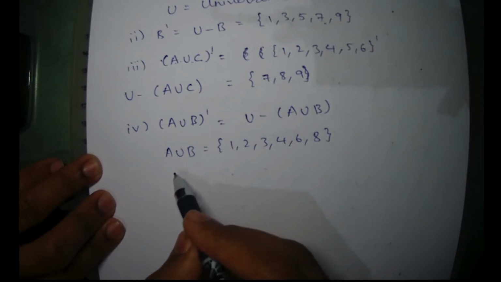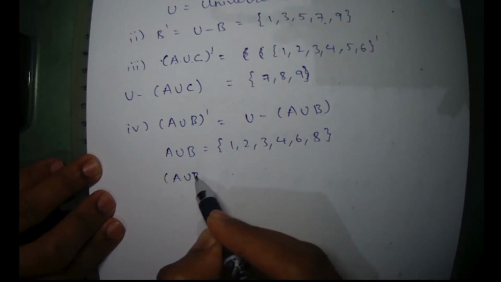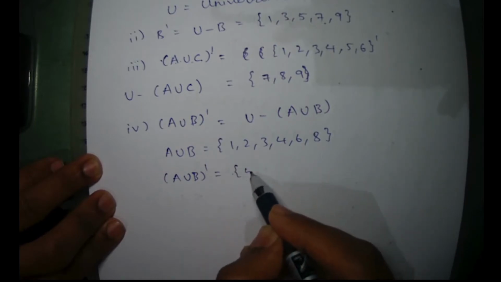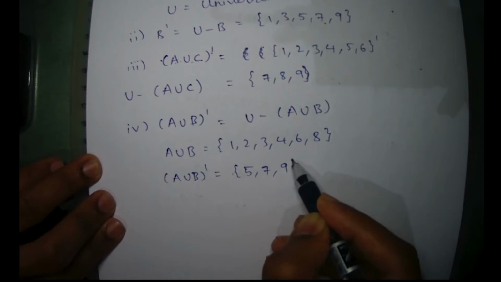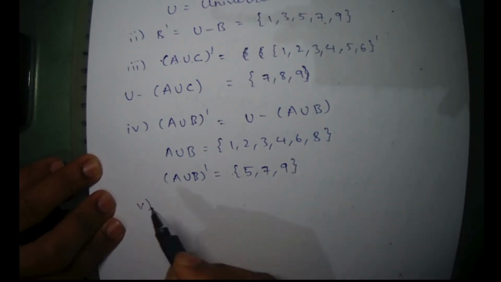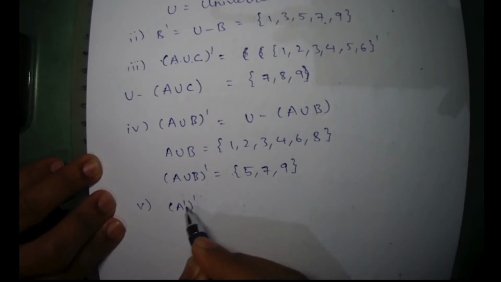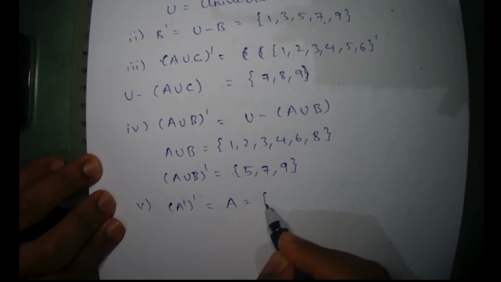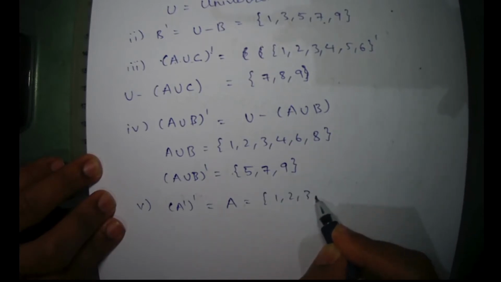So from this we get A union B complement or dash is equal to 5, 7 and 9. So coming to the fifth question, we have A dash of dash. So this we have already studied that if we have A dash dash, that is nothing but set A, which is equal to 1, 2, 3, 4.